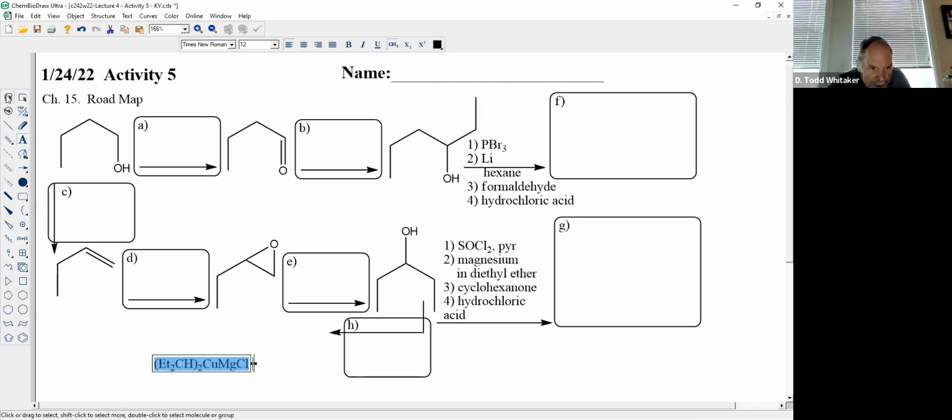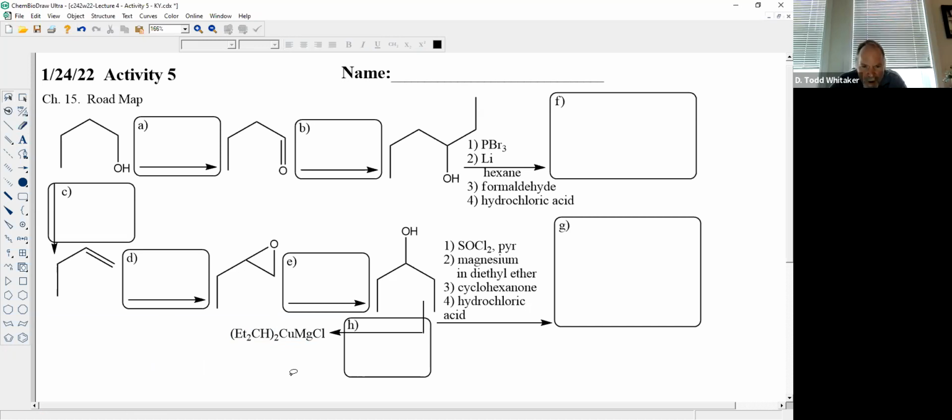And that's not the new thing. I'm saying, wow, it looks new to me, but that's not new compared to the stuff we've had already. This next one's the new thing. And this is a unique reaction to Gilman's, which is this thing here. That's a Gilman.